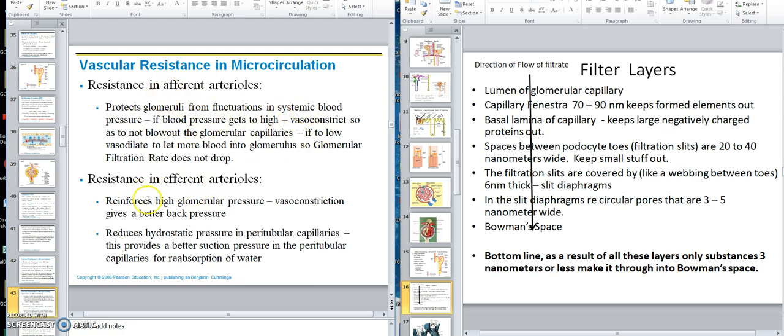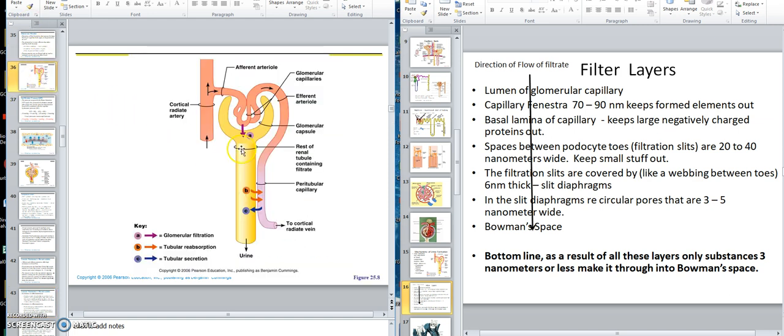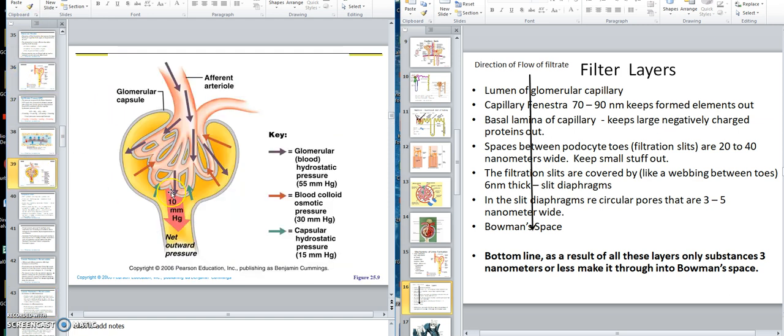In other words, let me just kind of explain this and you can read on it. If your blood pressure gets too low, remember you're starting about a mean arterial pressure out of the heart, coming at 100, and then by the time you would have gotten down to here, you'd be about a 55 based upon all the different resistors.